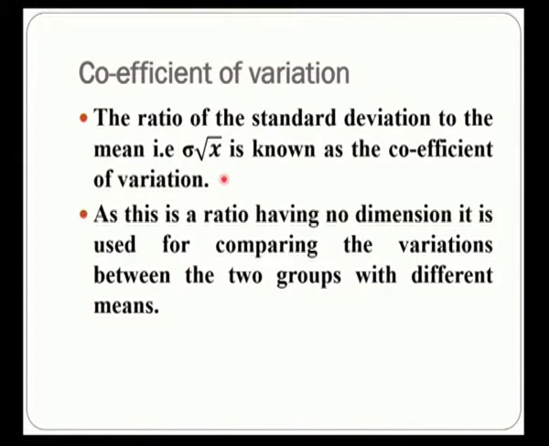As this is a ratio having no dimension, this coefficient of variation is used for comparing the variations between two groups with different means. So, you are given two groups of data, and the means of these two groups are different. You want to compare the two groups of data.